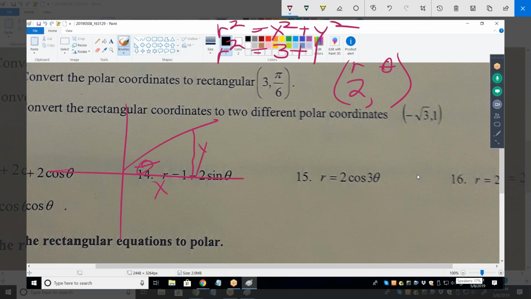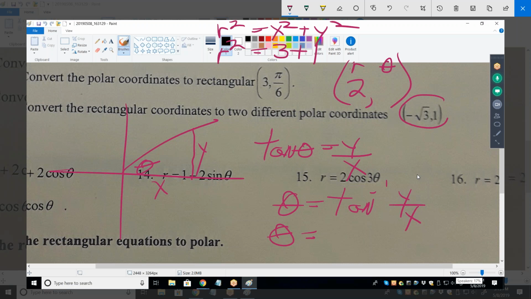Notice that the tangent of theta is equal to y over x, which makes theta equal to the inverse tangent of y over x. So let's figure out what theta is. Here's our x and y, so we've got 1 over negative root 3. Now, before you answer, let's back up a little bit.